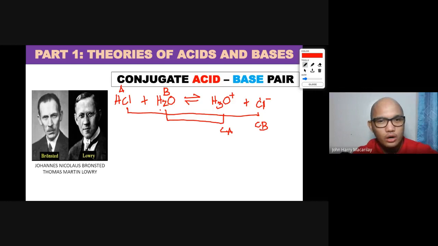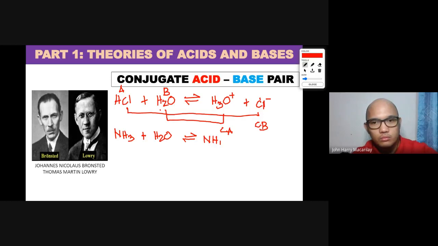So the same with our ammonia a while ago. So ammonia plus water will produce ammonium and a hydroxyl ion. So water will donate its proton.